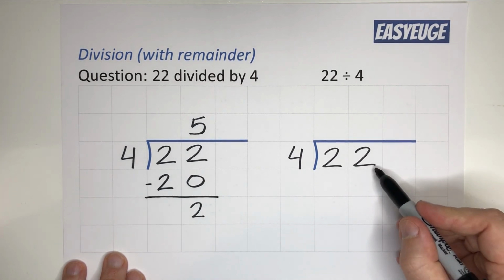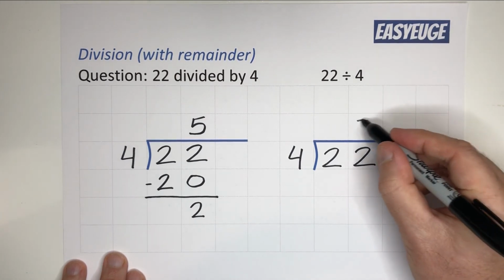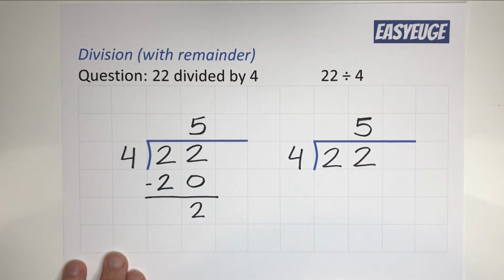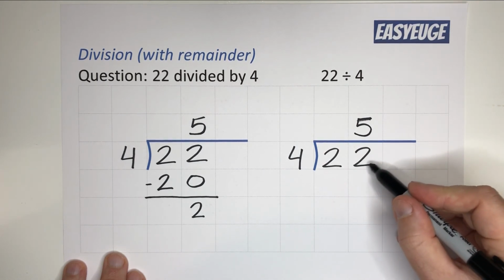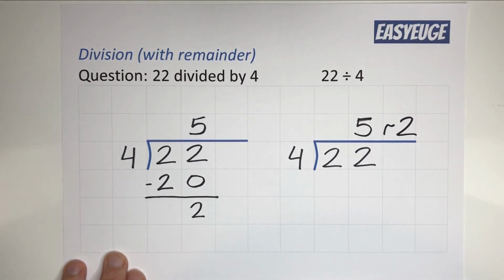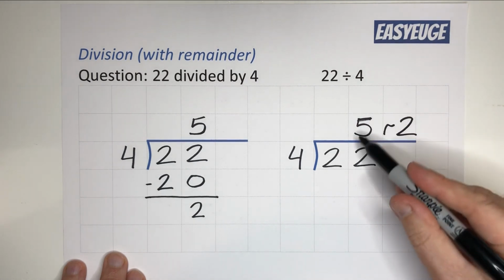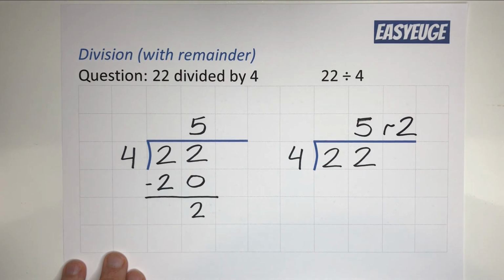Now we know that 5 4s are 20, and that brings us as close to 22 as possible. So we'll write down the answer 5 up here. 5 4s are 20. 20 is 2 away from 22, so there is a remainder of 2. You can write your answers this way, or you can write your answers this way. So I've done it with 2 different methods, so whichever you're learning at home or at school, you choose whichever method you find the easiest.